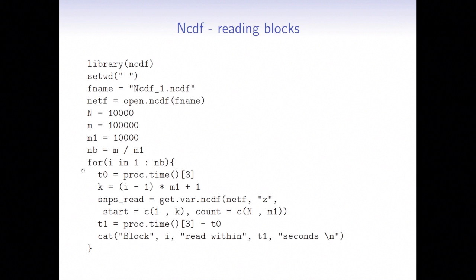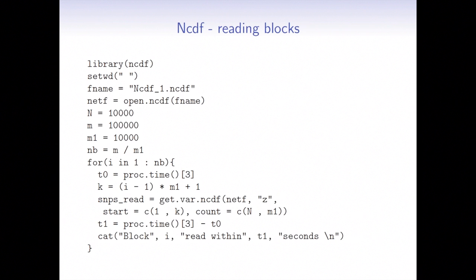And here in the loop I will be reading blocks of SNPs, so it's also very straightforward, just get variable instead of put variable, and I have to specify where I start. So I am reading n individuals, and I'm reading from the k-th SNP, my block size, 10,000 SNPs.